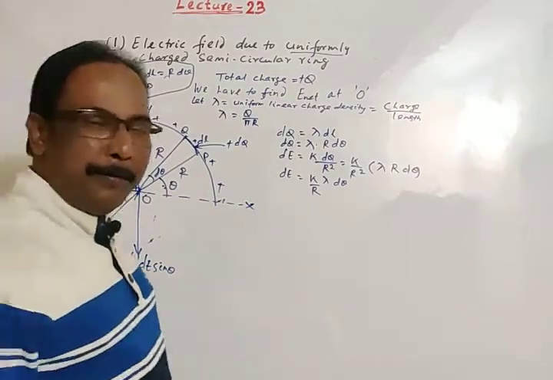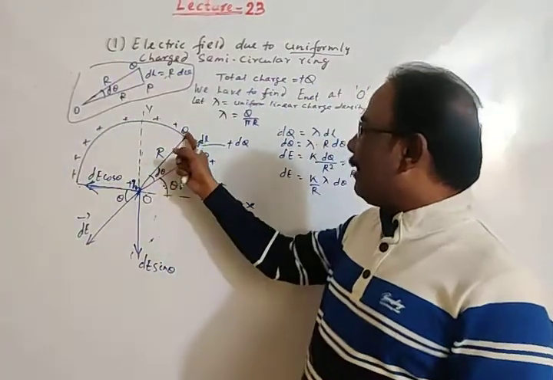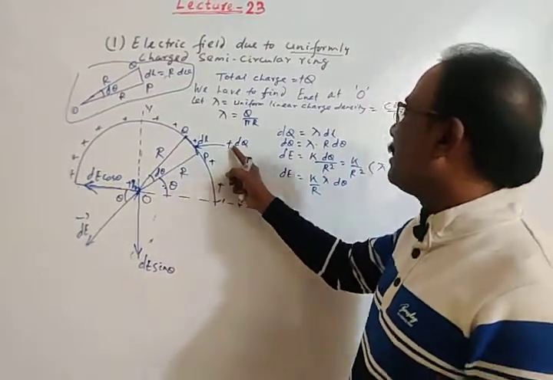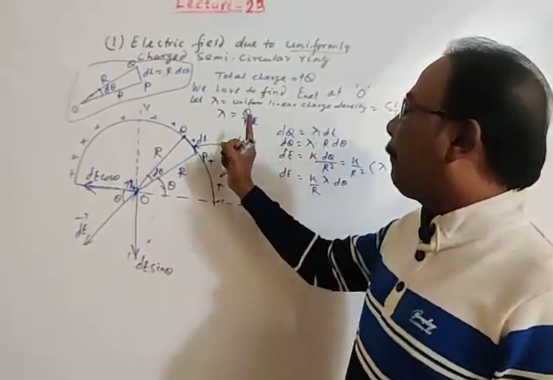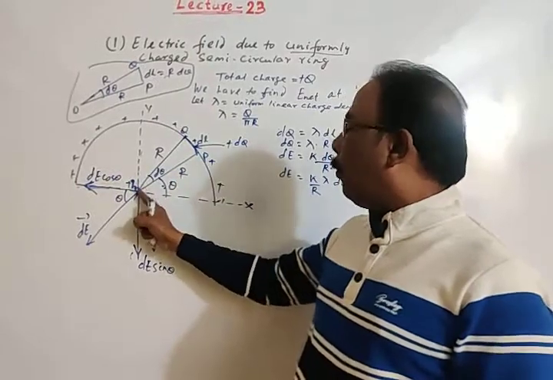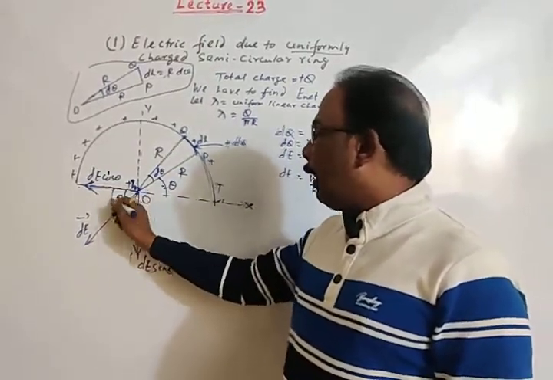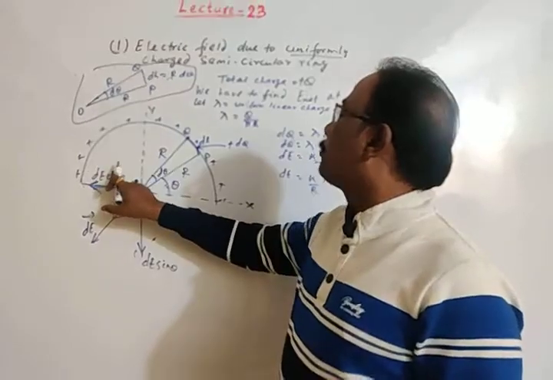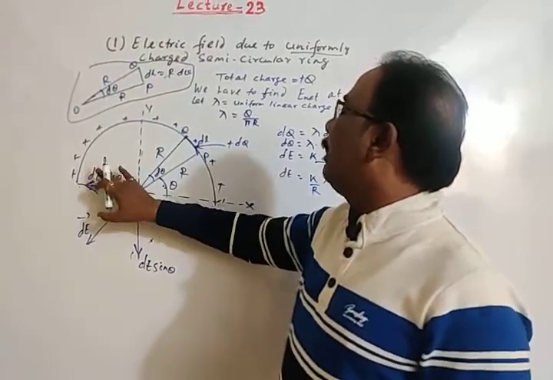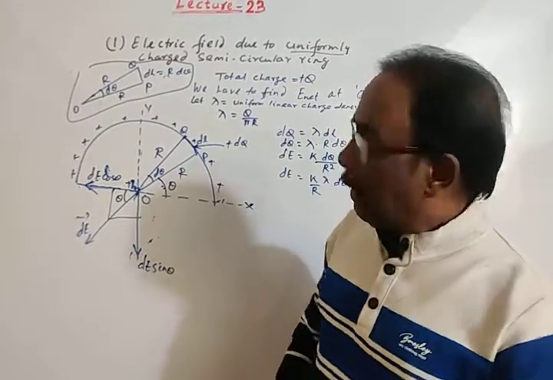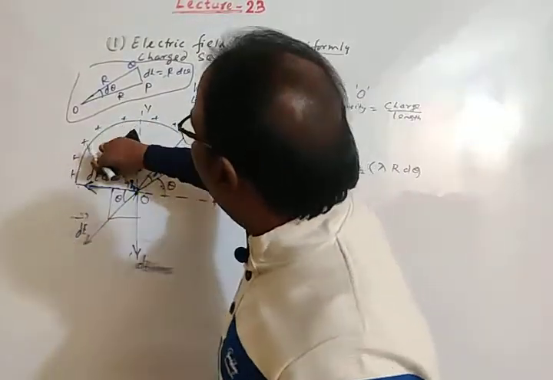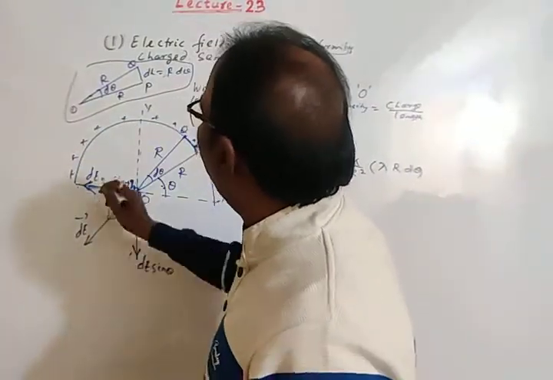See students, an elemental length is dl which contains a charge dq. Electric field due to dq at O is dE, which is resolved into two rectangular components, dE cos theta and dE sin theta.